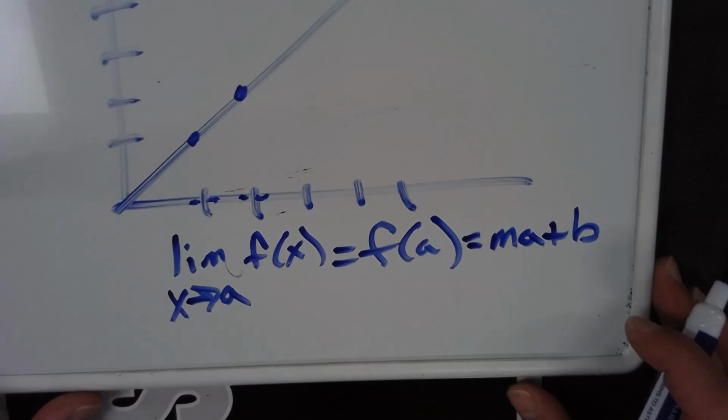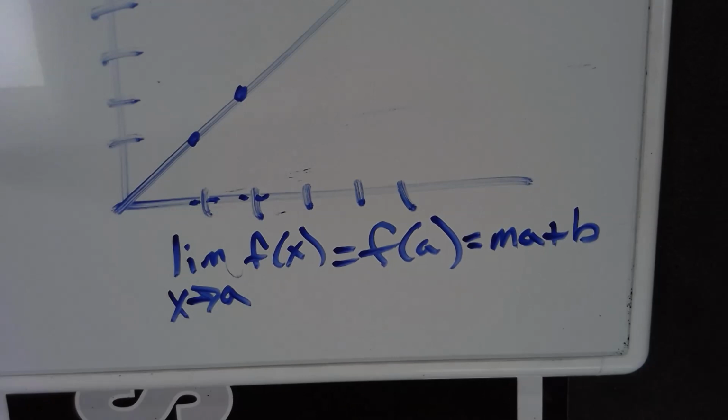Is that okay? All right, so now we can introduce these limit laws. We've got seven of them, but let's look through them together. We're going to go kind of quick. Any two functions added together, if you're asked to take the limit of that, you can take the limit of each part and then add them together. Same with the difference.